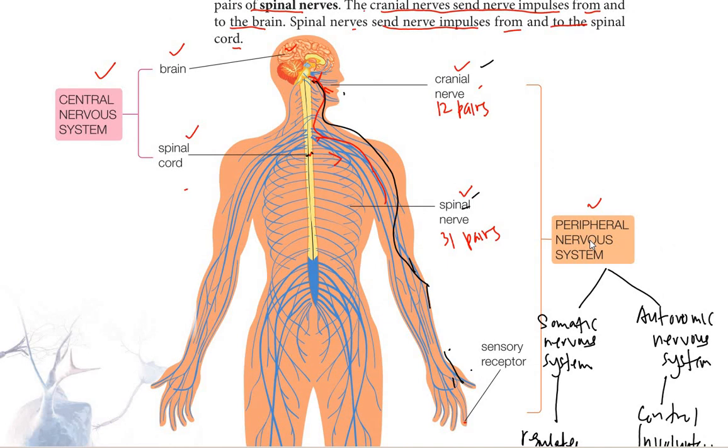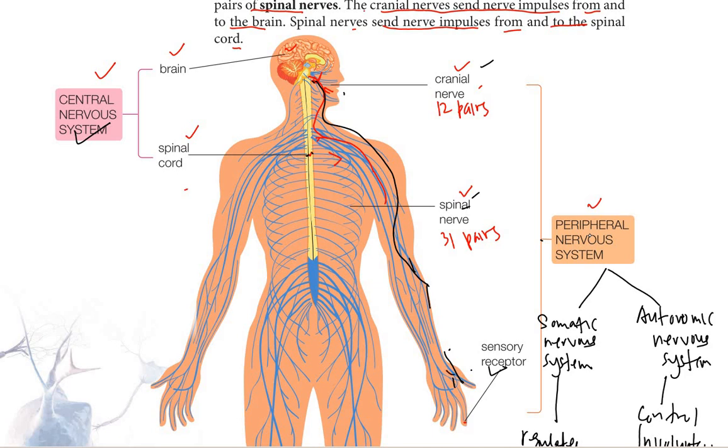So the main function for this one is actually to connect the sensory receptors and effectors to the central nervous system. What this means is that the peripheral nervous system will connect the sensory receptor here with the central nervous system. For example, the nerve impulse must be interpreted by the spinal cord.